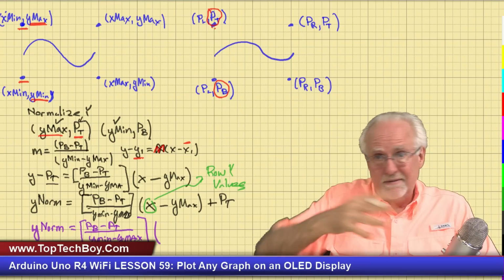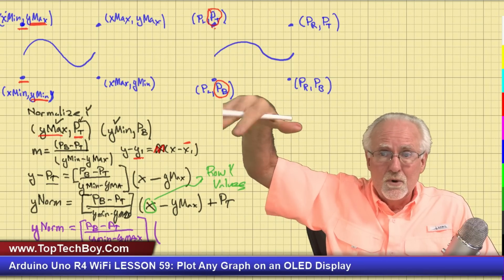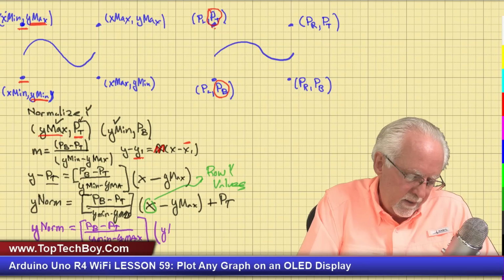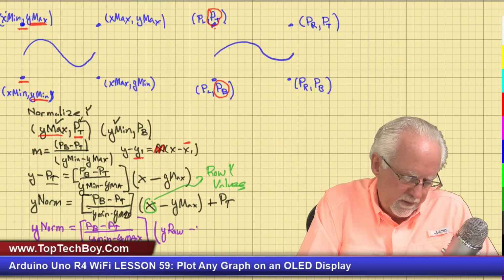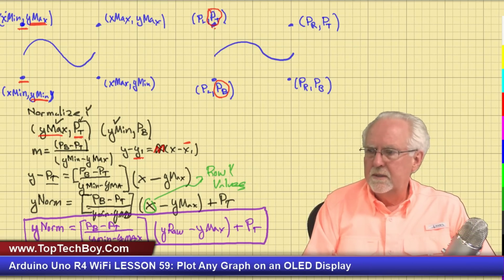That's that whole array of y data. Well, why is it? It's y that we're normalizing. So that would be our y raw data, and then what do we have? Minus y max, and then plus the pt. And then that is going to be our equation.